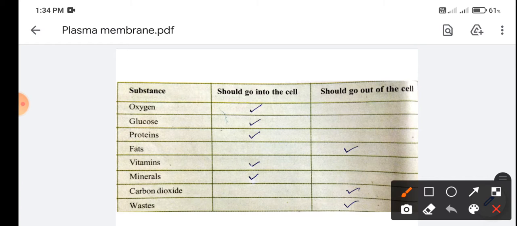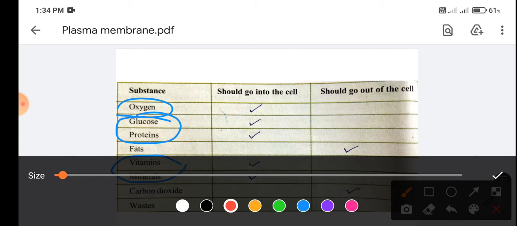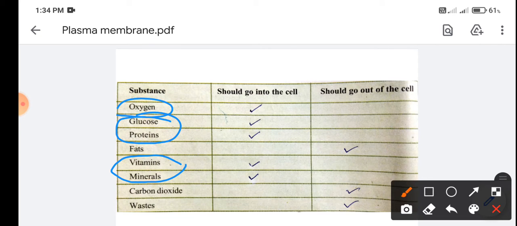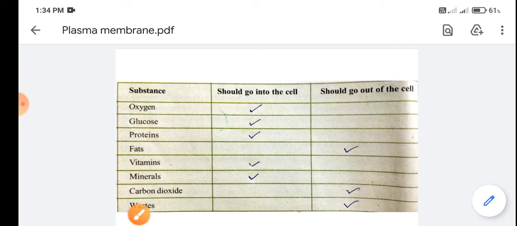Oxygen, glucose, proteins, vitamins and minerals are allowed by the cell. Fats, carbon dioxide and waste are not allowed by the cell.